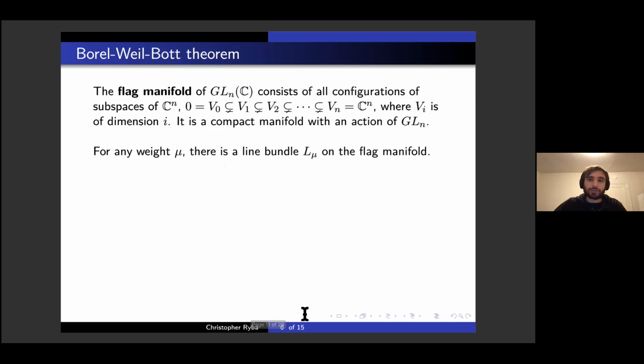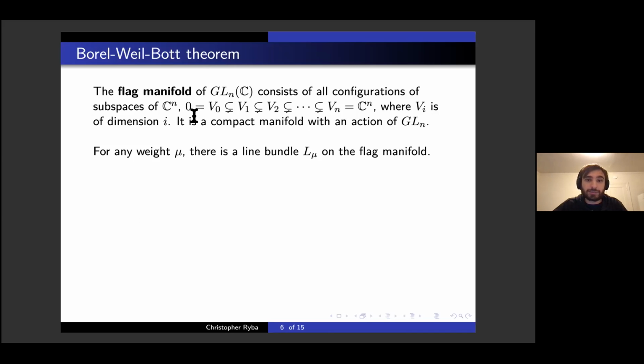Okay, so now that we know what these things look like, let me tell you about the Borel-Weber theorem. So first of all, I need to introduce a geometric space, which is the flag manifold. And what I'm going to do is I'm going to consider nested subspaces of C to the n. So I'm going to have n of them, or perhaps n plus 1, depending on how you choose to count. And each one will have dimension 1 larger than the next.